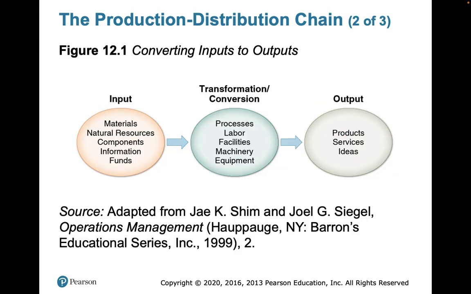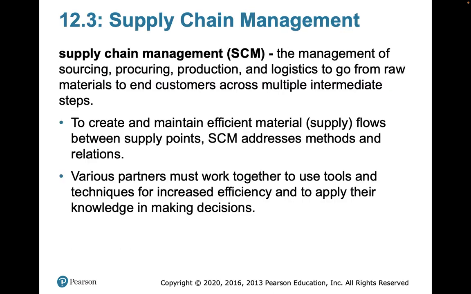So for every stage of the production process, there are decisions that have to be made. The decision on choosing the type of materials, or on choosing the labor, the facility, the machinery and equipment, or on how the product or service should get to the consumer, the end users.